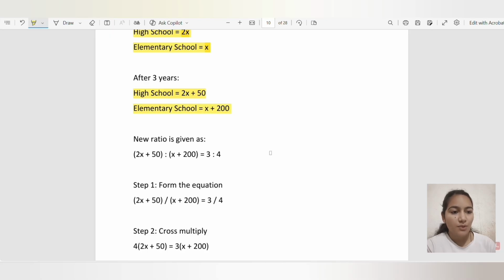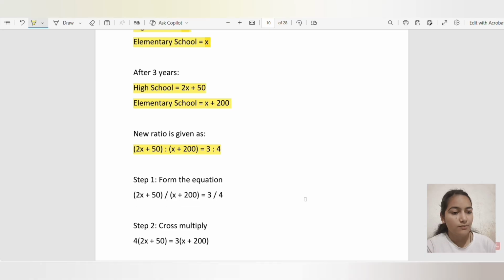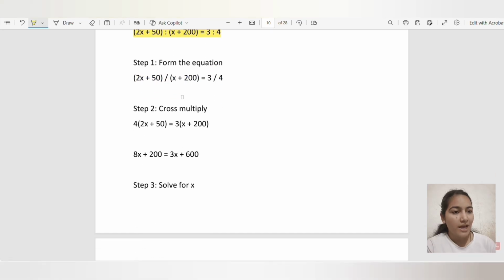So 2x plus 50 ratio x plus 200 is equal to 3:4. Now if we cross multiply these with each other, then we will be left with the value of x. We have to solve this whole equation to get the value of x.